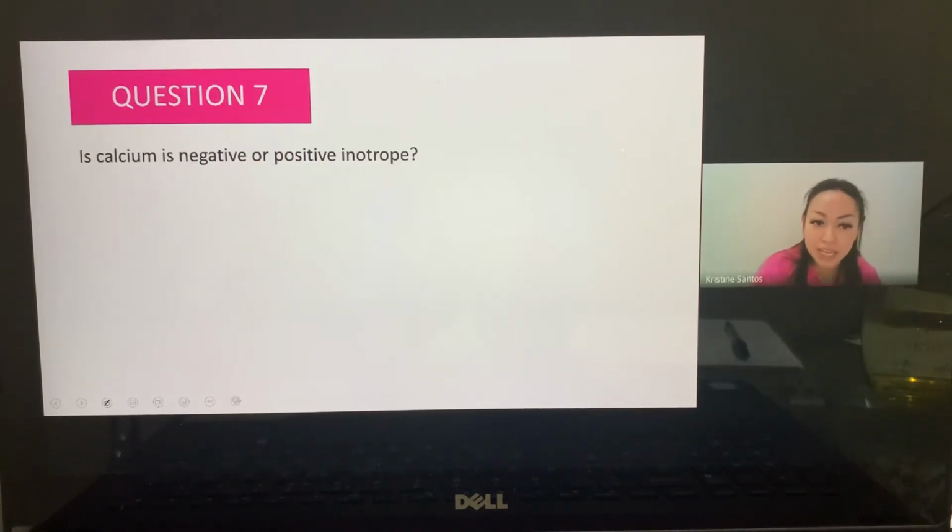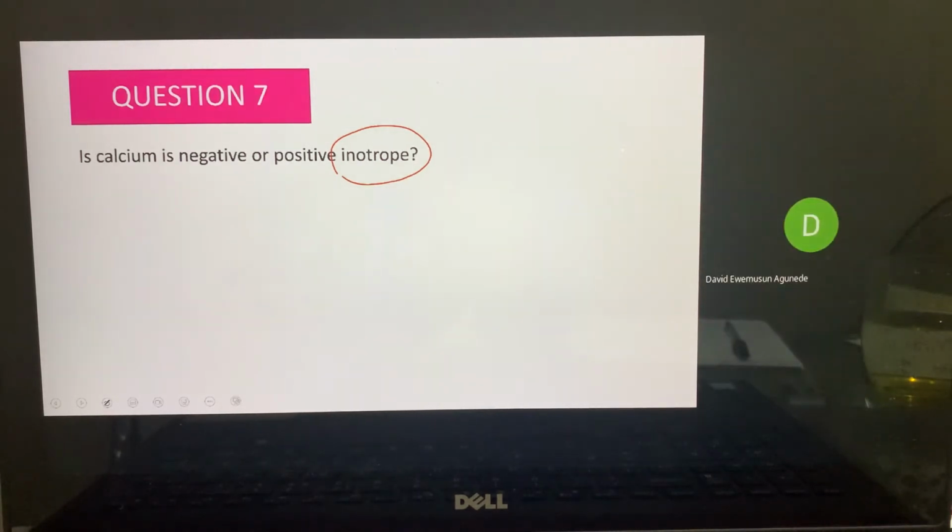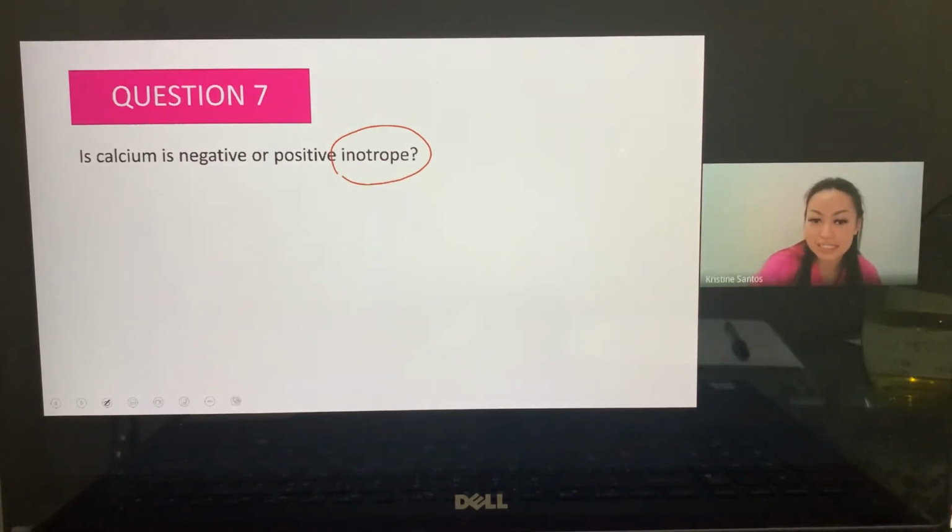Is calcium a negative or positive inotrope? What is an inotrope, firstly? So a chronotrope is something that affects heart rate. An inotrope is something that affects heart muscle, contractility.